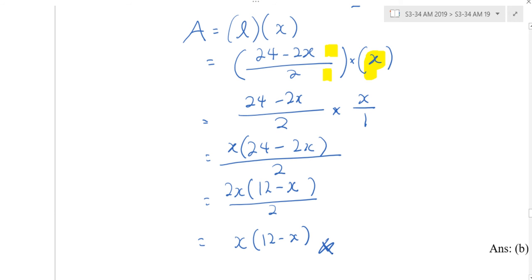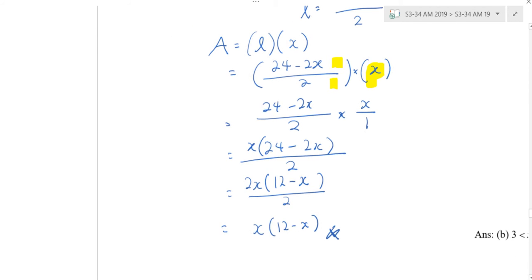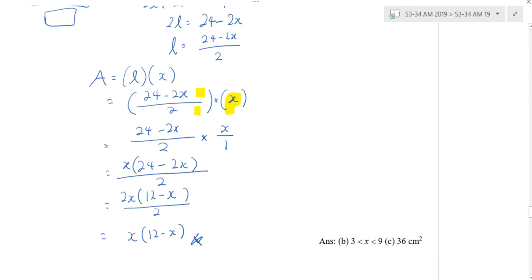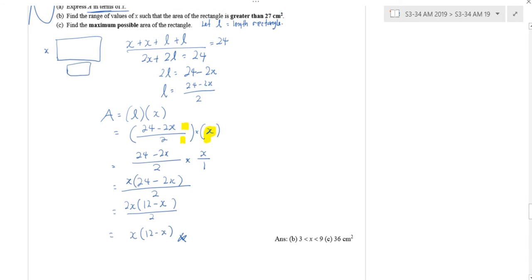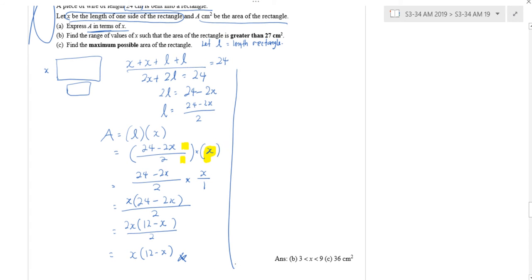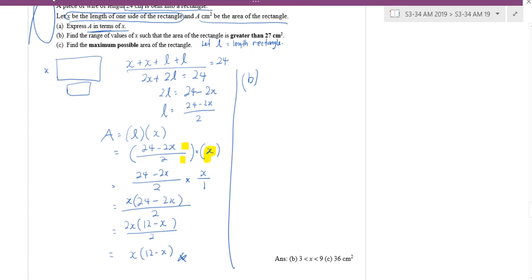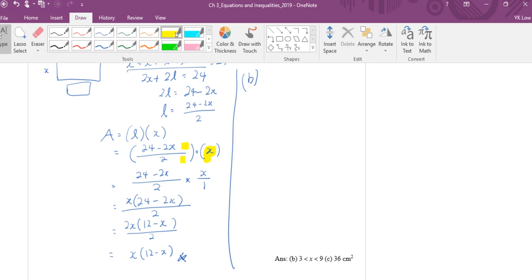So I hashtag here. Zoom out a little bit. I want to read the question. Part A is done. Part B: is the size okay, enough for you to copy? Let me read the question. Find the range such that the area is greater than 27.